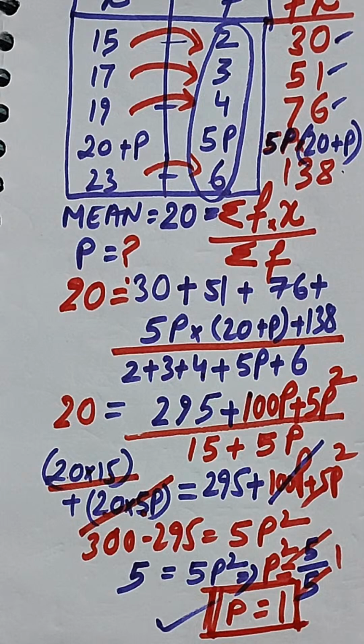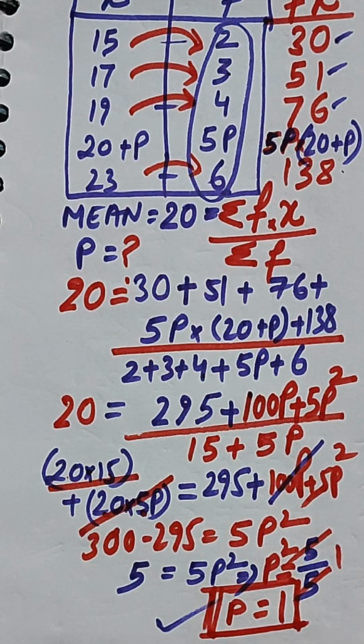So now I want to take your question, right? The mean and median of 100 observations are 50 and 52, right? This is the question.